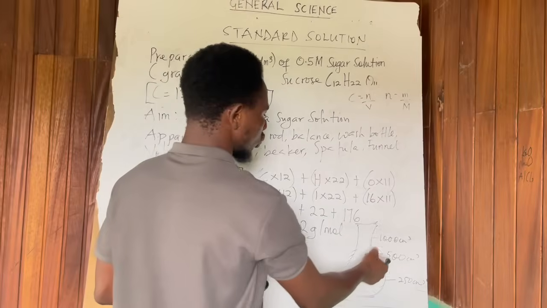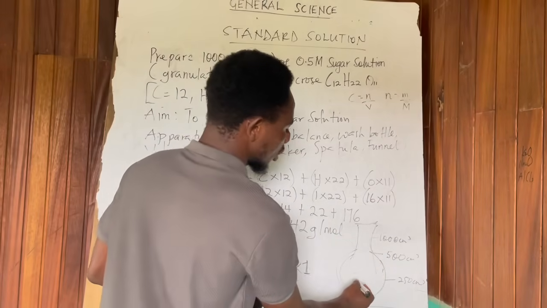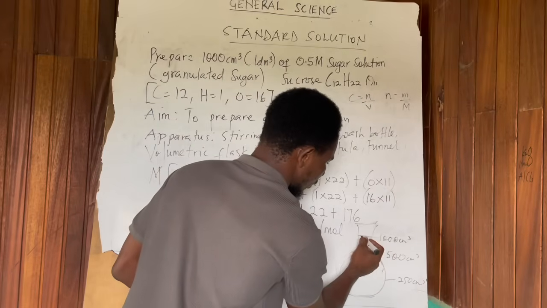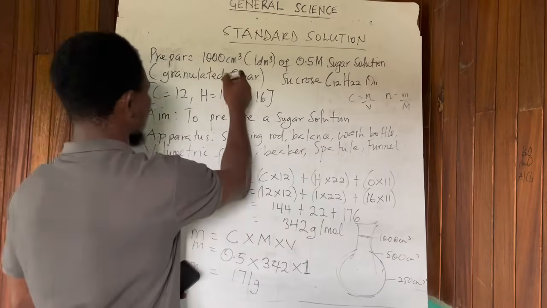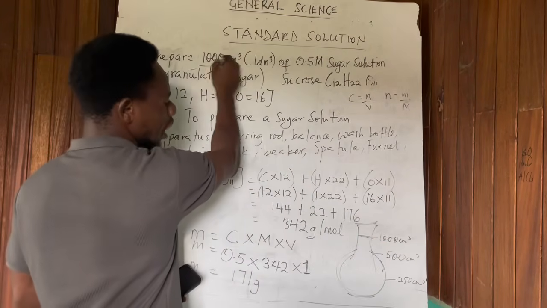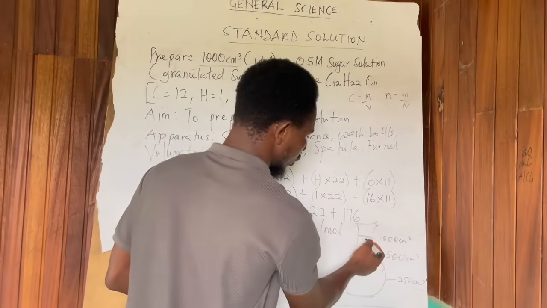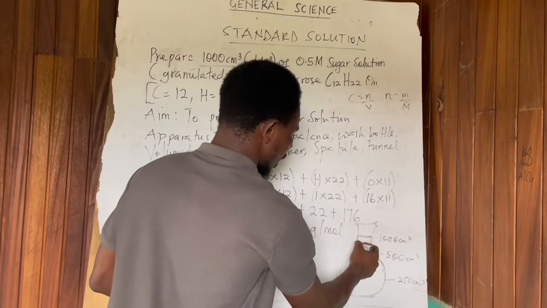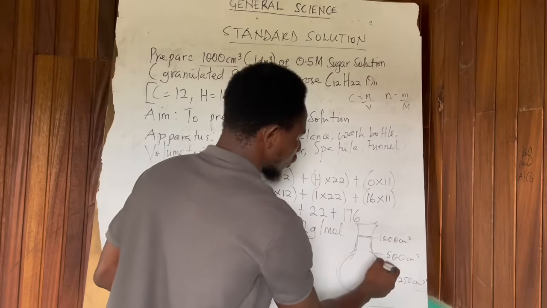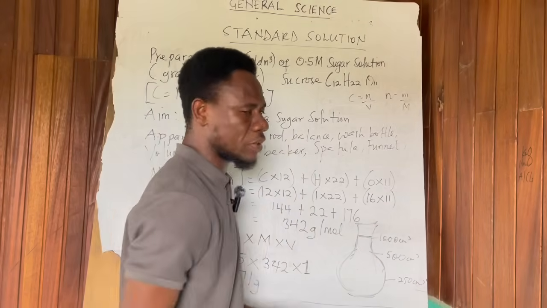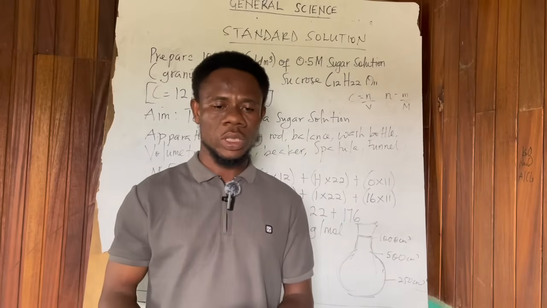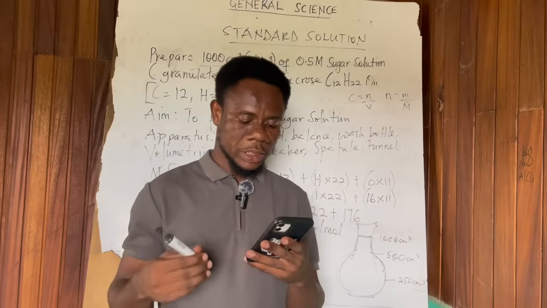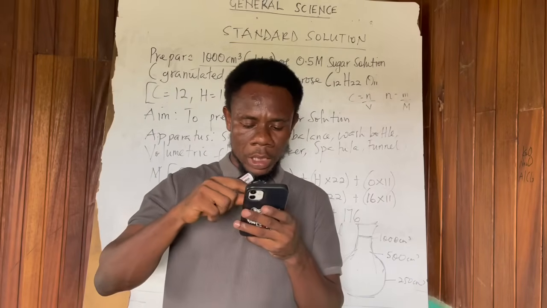I will put the solution in this so that the whole solution gets to the mark of 1000 centimeters cubed, because the question says you should prepare 1000 cm cubed. If you prepare the solution and it's not up to 1000 centimeters cubed, you have to add distilled water to it so that it reaches the mark of 1000 centimeters cubed. Let's continue.